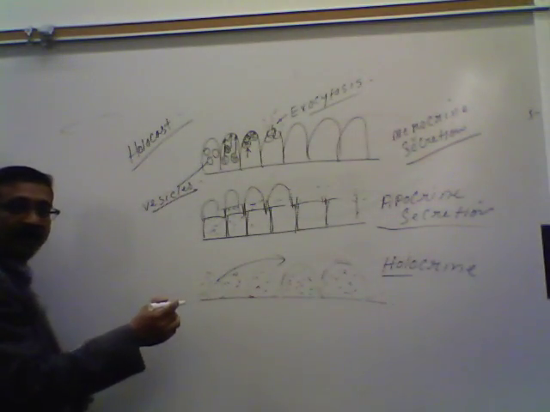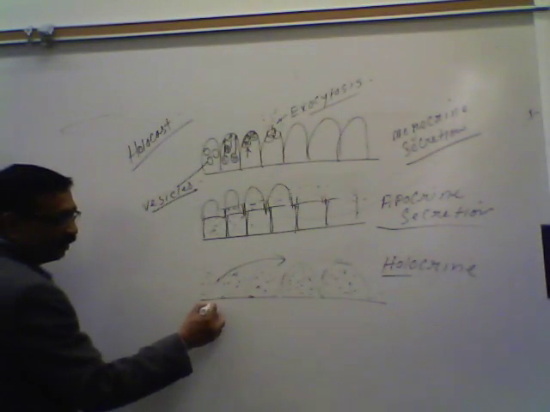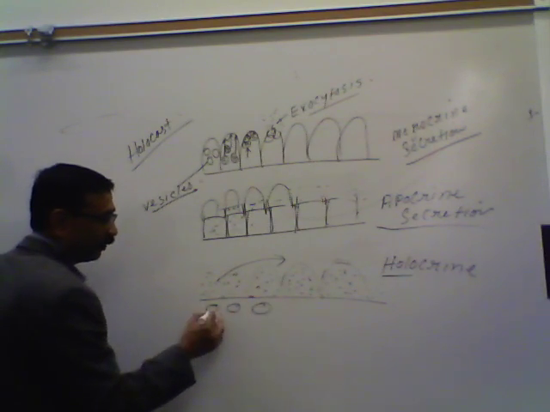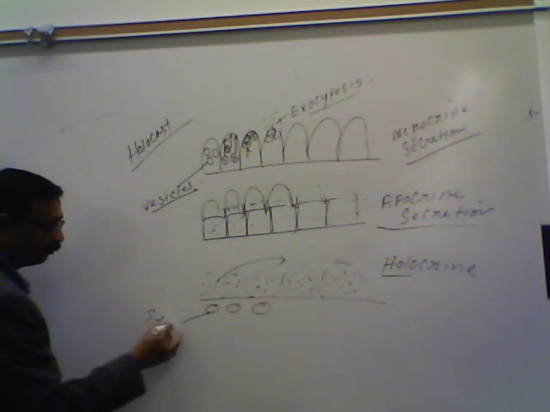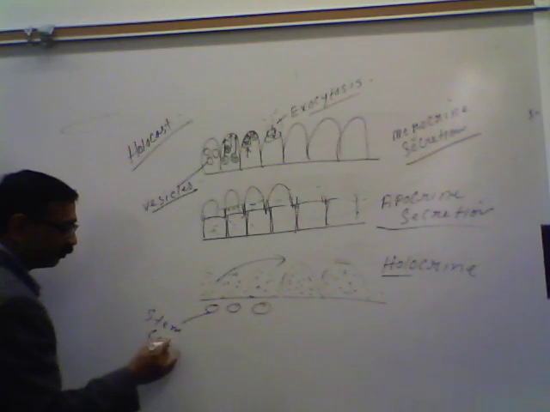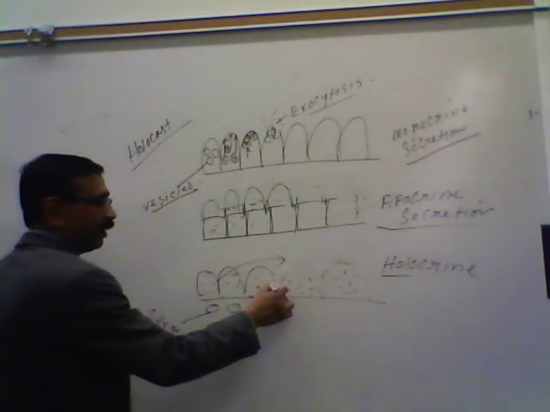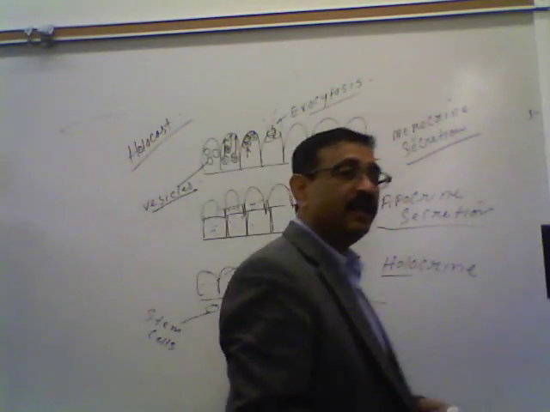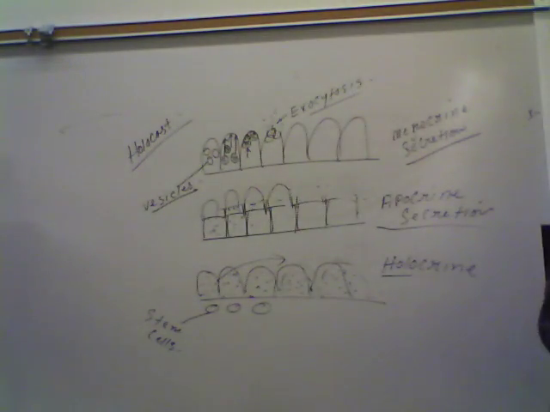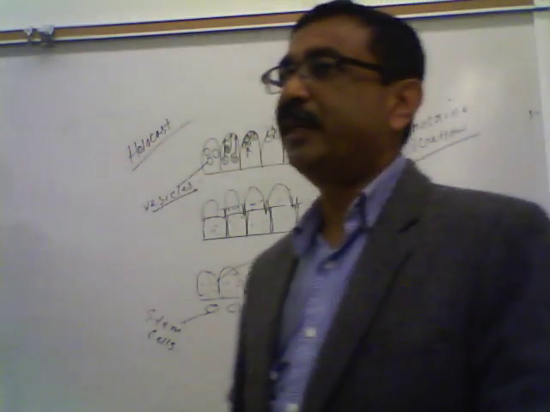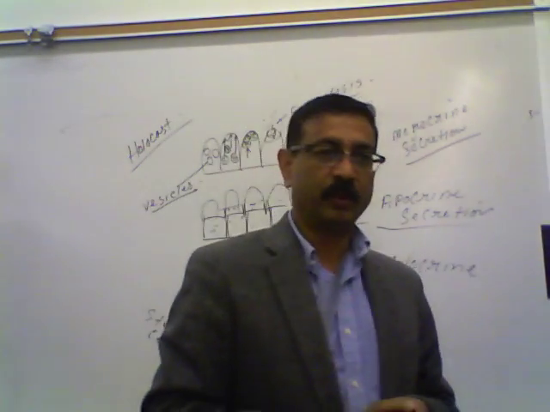How will the gland get new cells? Inside the gland you have a lot of stem cells. So from these stem cells new cells will be produced. So completely new cells must be produced because the cells are completely destroyed during the secretion.